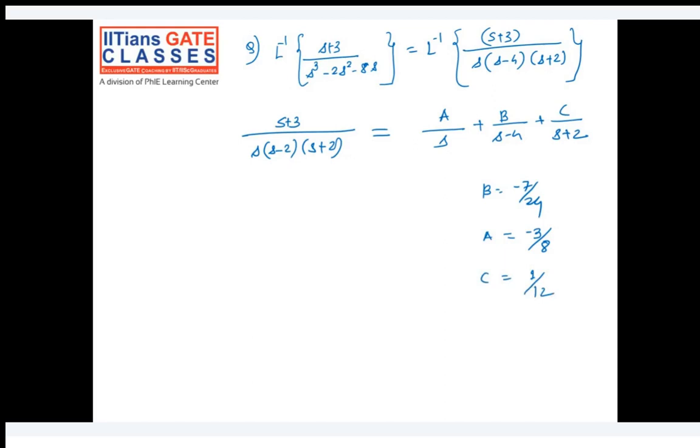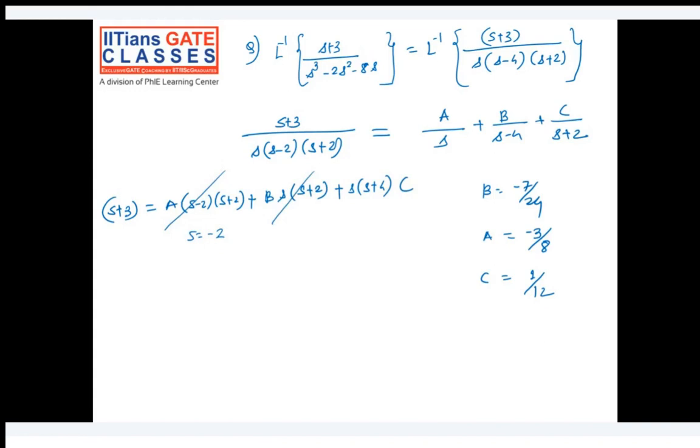How you will find? Again, I'll repeat, s plus 3 can be written as A times s minus 4, s plus 2. Denominator I'm cancelling, so only numerator I'm writing. Plus B times s into s plus 2, plus s into s minus 4 times C. Okay, so if you put s is equal to anything, let's say, sorry, s is equal to minus 2, what will happen? These two terms will go. Only C you will get.